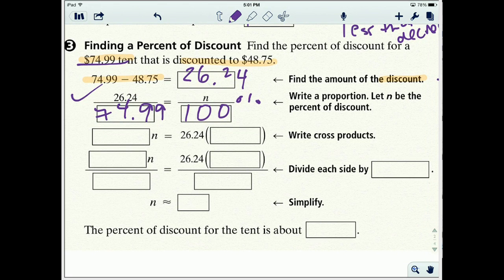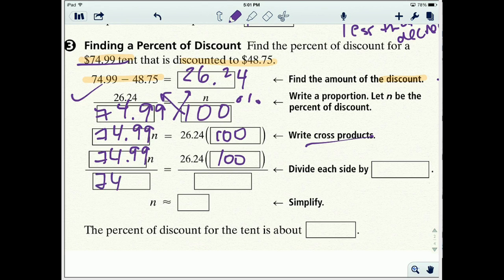So we do our cross multiplication. Cross products, we're going to be doing 100 times 26.24 and 74.99 times my n, and then in order to solve this, we're going to be dividing by the number in front of n.